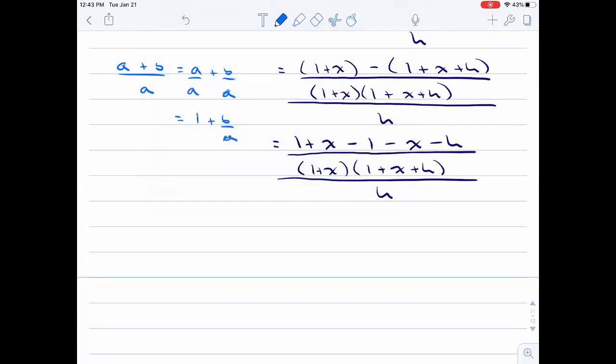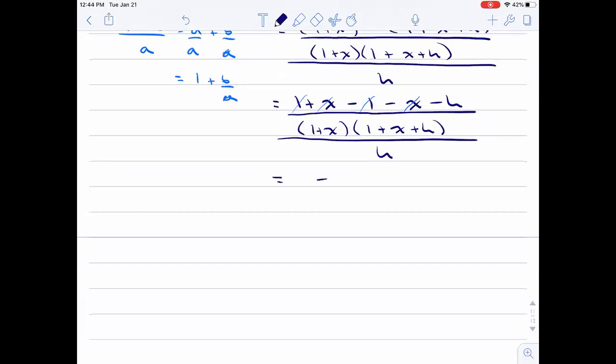Looking at the numerator of the numerator, we've got 1 and then minus 1, so that's going to go to 0. And then we've got x minus x. Now I've got just negative h up top. So I've got negative h over 1 plus x times 1 plus x plus h all over h.